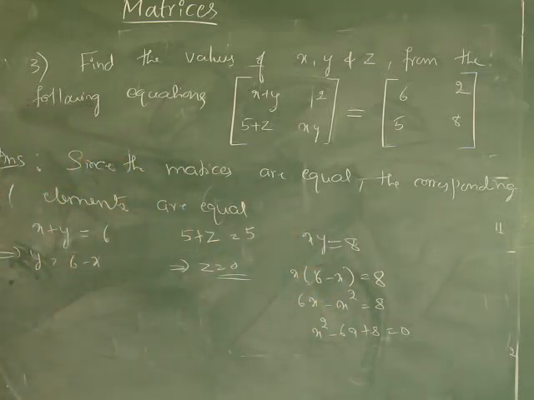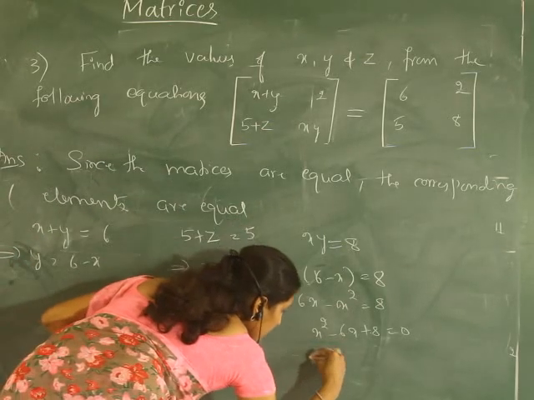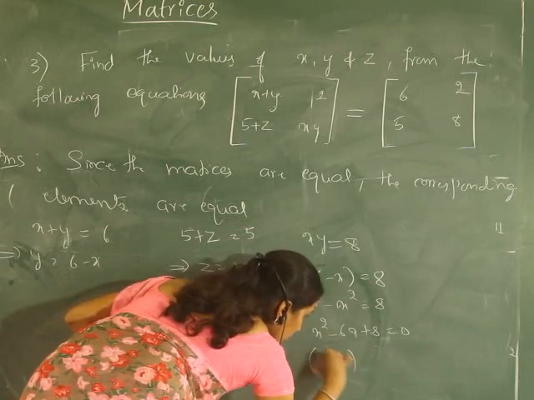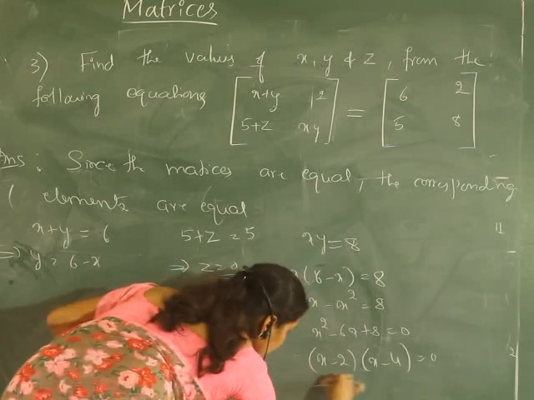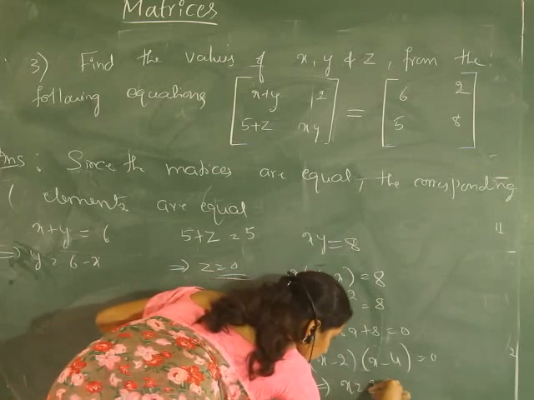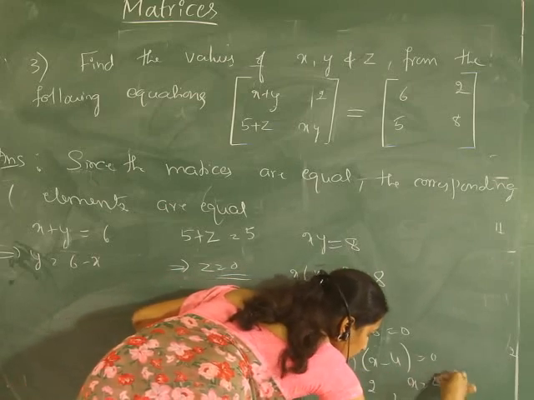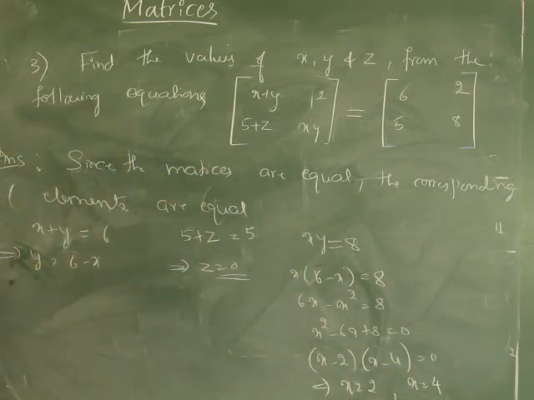X square minus 6x plus 8 equal to 0 means we can write it as (x minus 4)(x minus 2) equal to 0. This implies x equal to 2, x equal to 4.